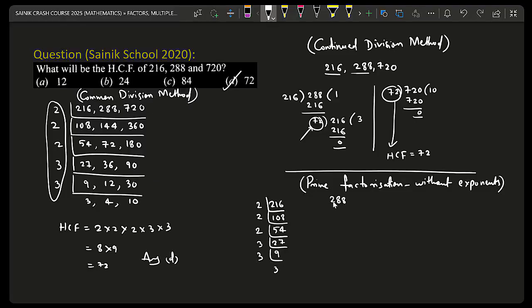And 288. You tell me the quotient also. 2, 144. Okay.